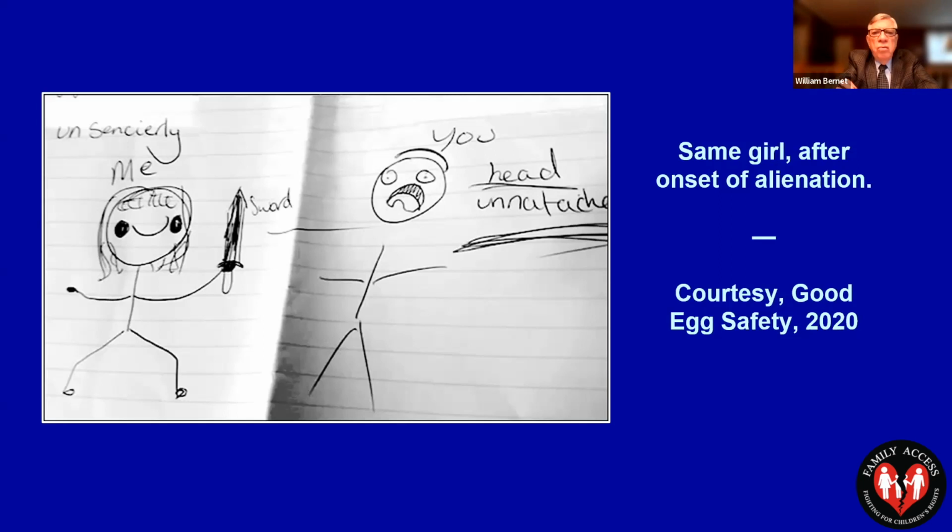Now, there's no way that a picture like this would ever be considered somehow adaptive or normal for a child to draw this kind of thing. And I think, sadly, this really illustrates that these children have a distorted, almost a delusional perception of the parent in such negative terms.